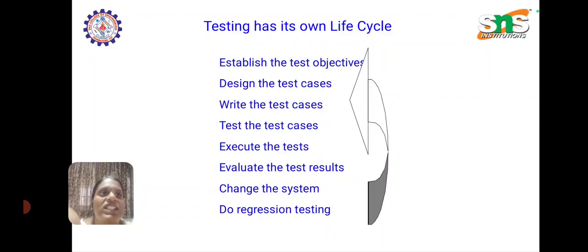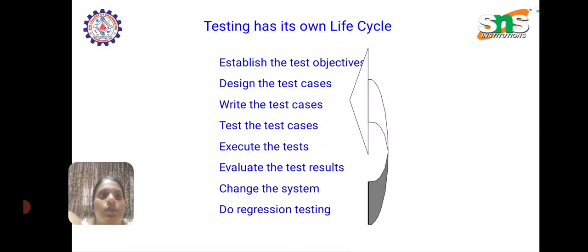Next, these are the things in the testing life cycle. First, we need to establish the main objective of the testing. Next, we have to design the test cases. Then we are going to write the test cases, execute them, and evaluate them. If there are any faults, they will be given to the developer side.